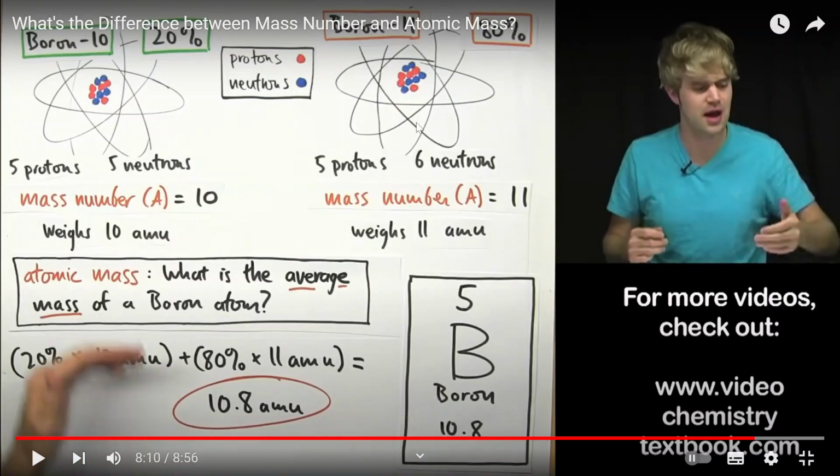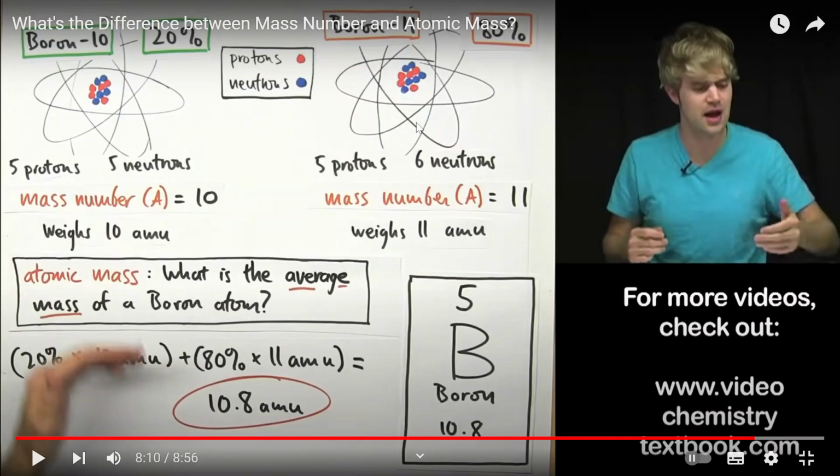Okay. Mass number is the number of protons and neutrons in a particular atom or in a particular isotope. And from the atomic number, you can figure out how much the atom weighs in AMU. But now atomic mass looks at all the different types of isotopes for a particular element, in this case boron 10 and boron 11.